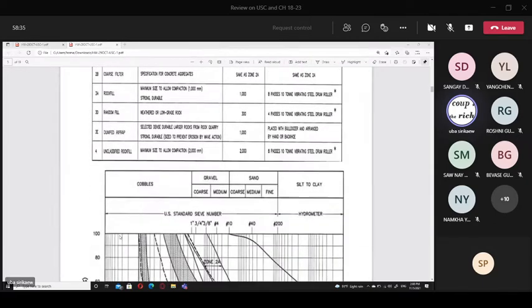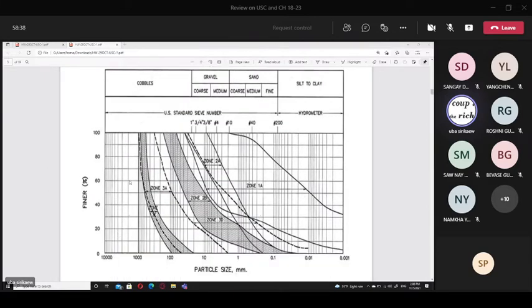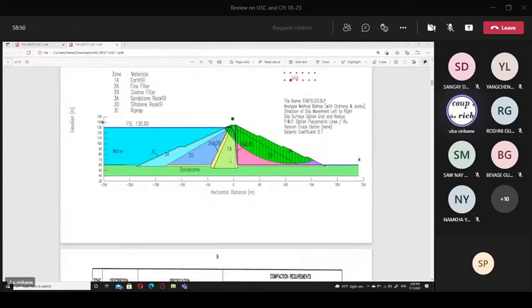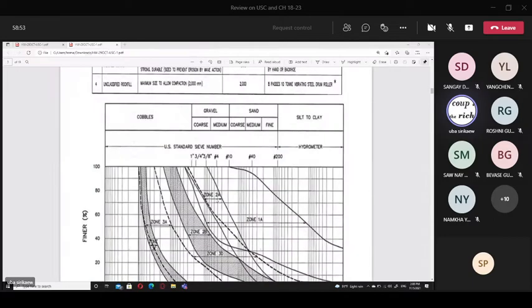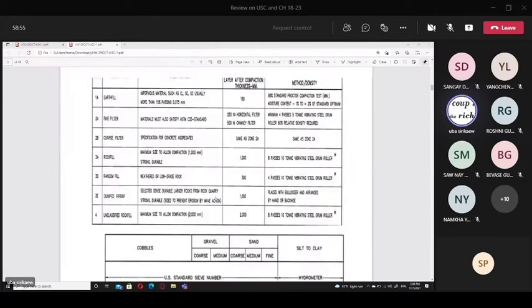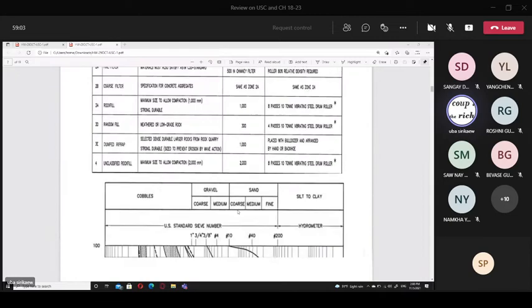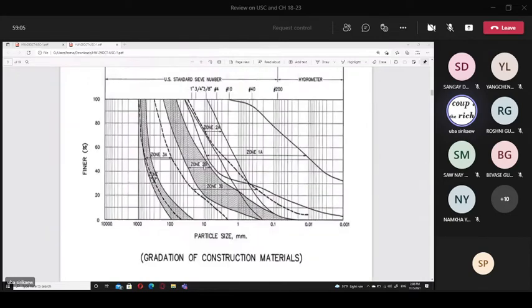So this is what we call the gradation curve. This is for the zone core material, zone 1A. So this is zone 2A. Where is 2A? 2A here, 2B here, right? What about zone 3, 3D or 2B? And 3A, you see?